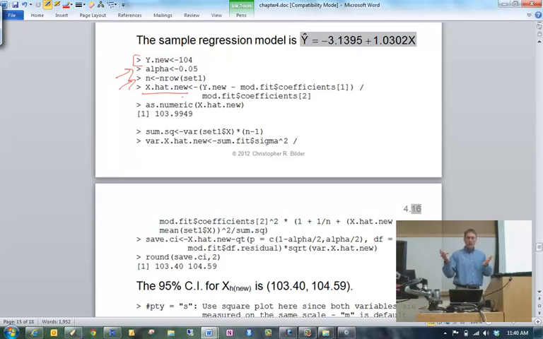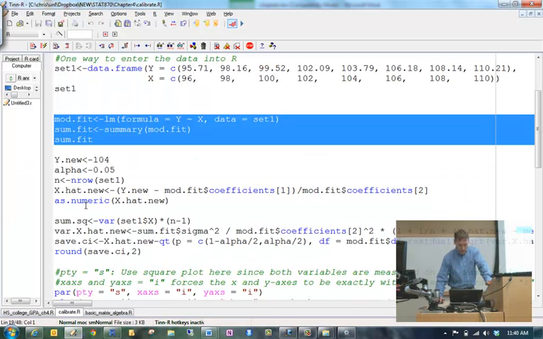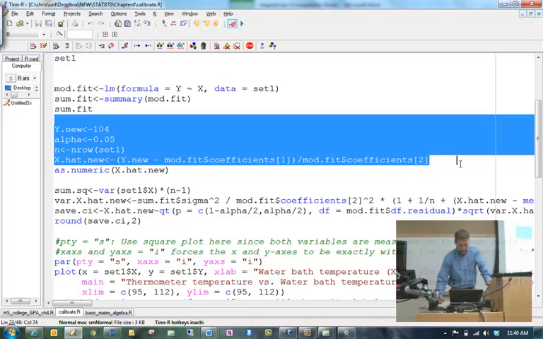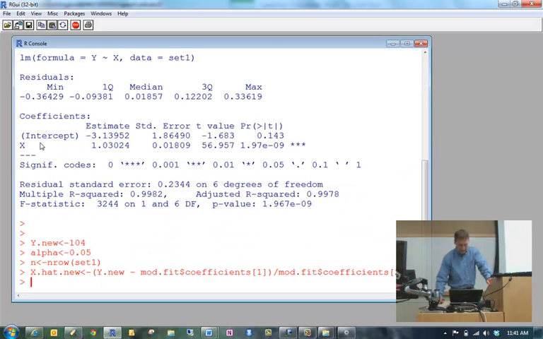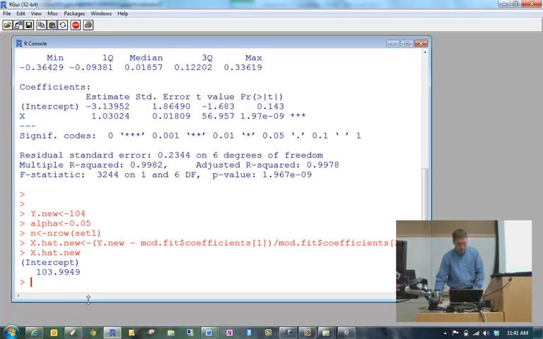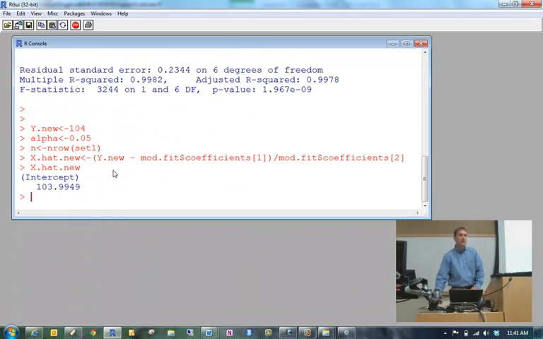So y minus B0, divided by B1, and this is what I get: 103.99. So pretty close, obviously.